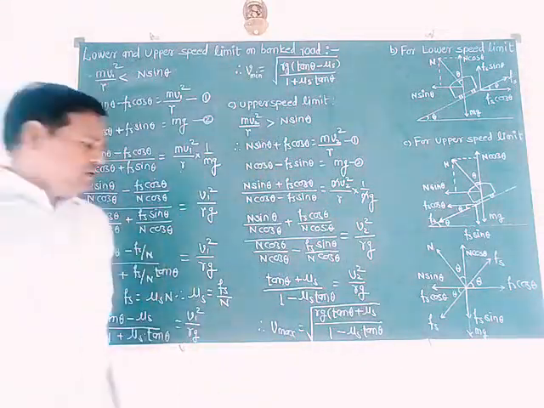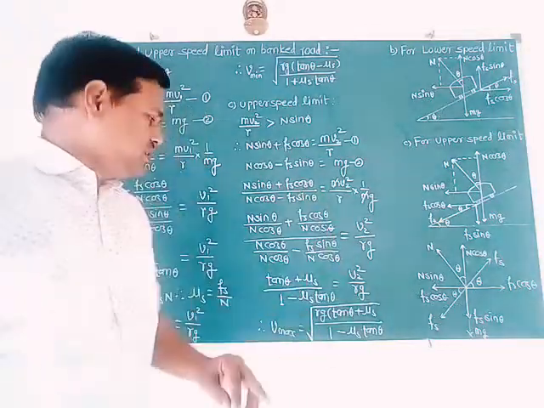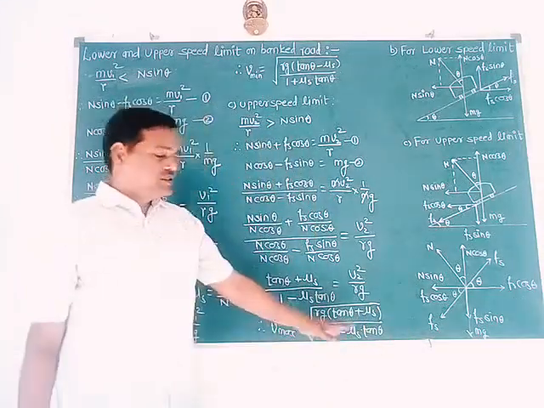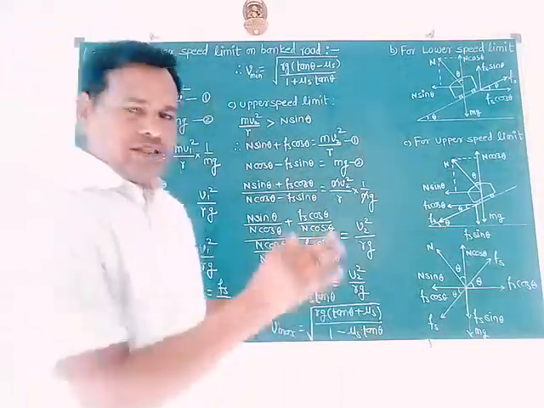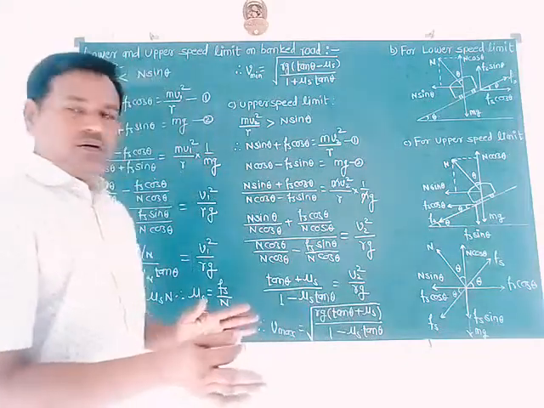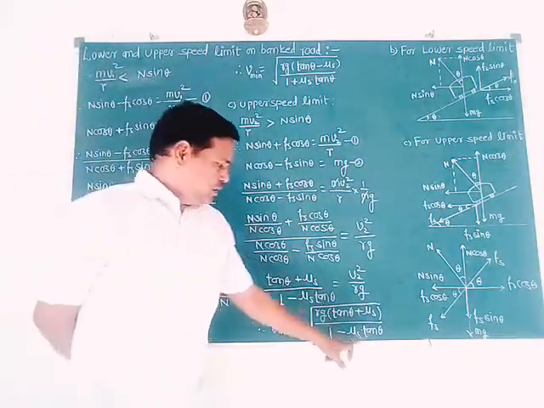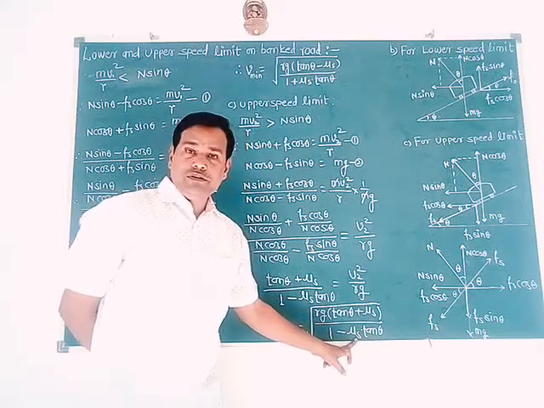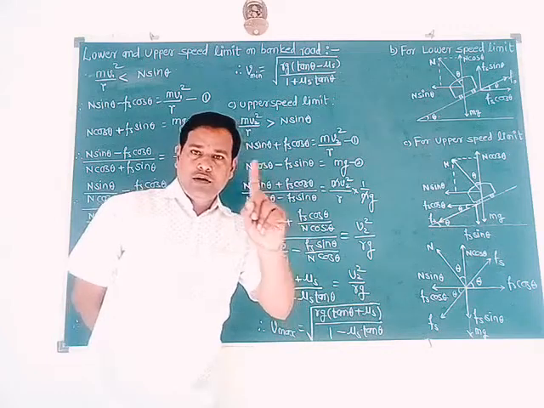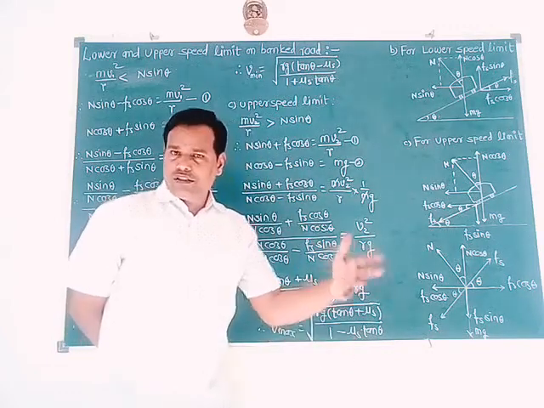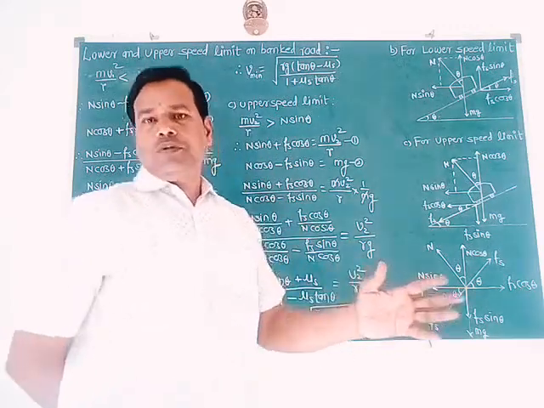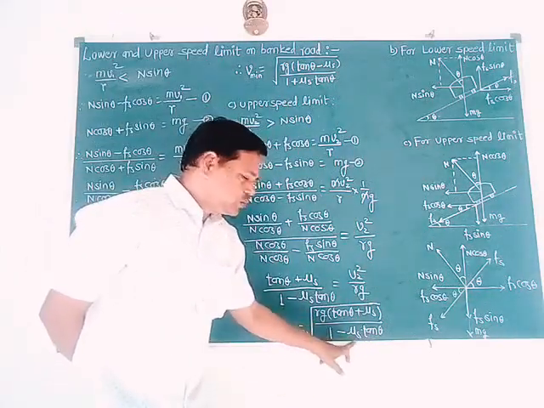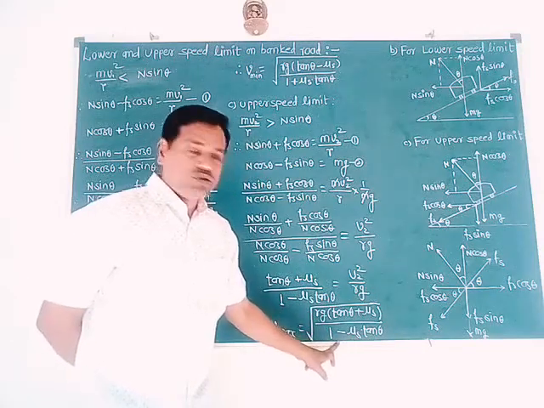In the upper speed limit, if we consider the value of mu s as 1 and we consider tan theta equal to 1, that is, angle theta greater than or equal to 45 degrees, what happens? Tan 45 equals 1, and mu s equals mu maximum, the maximum coefficient of static friction, which is equal to 1. So 1 minus 1 is 0.